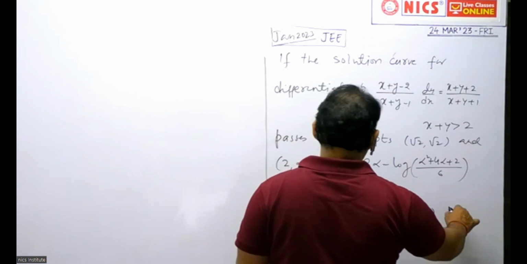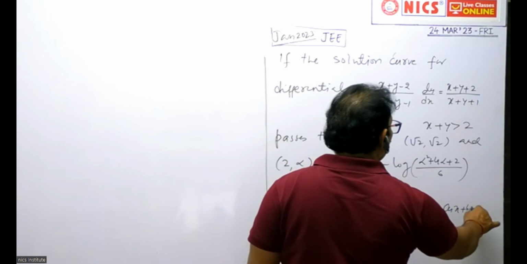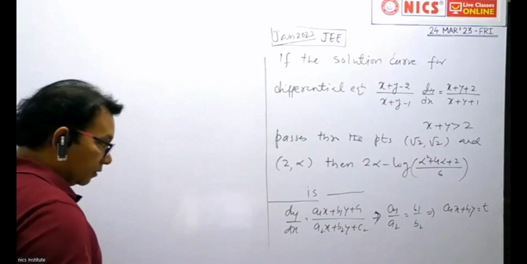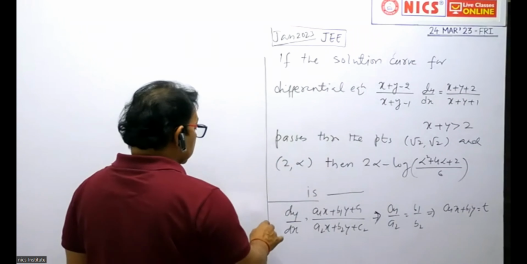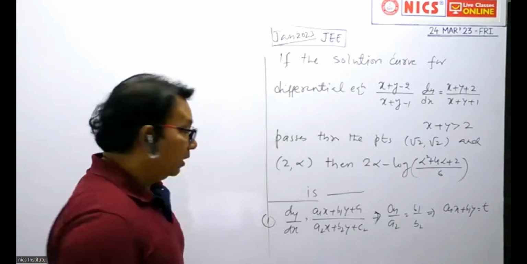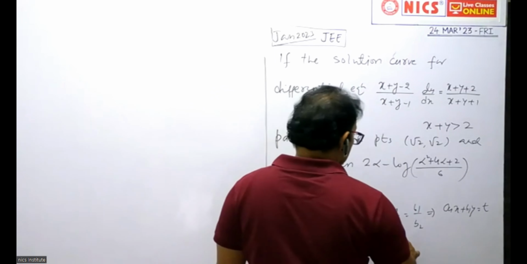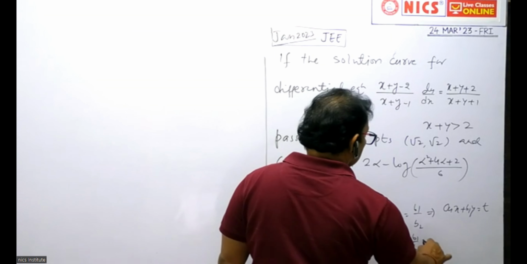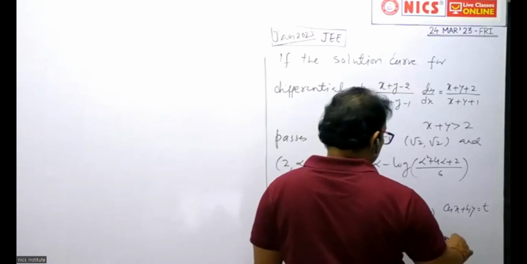Then we replace a1x plus b1y by t and differentiate with respect to x. That is the first type of differential equation.